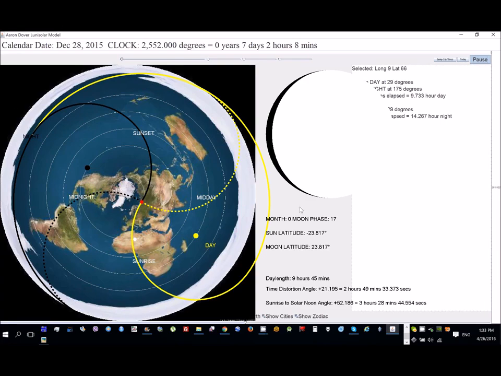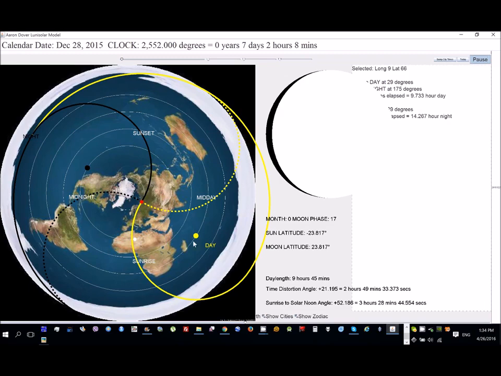Now, if you can calculate the angle between those lines, that tells you how long the day was or the night was, because the sun and moon revolve around 360 degrees in 24 hours. So in one day or night, these will revolve around.